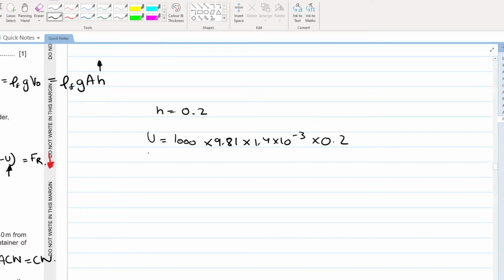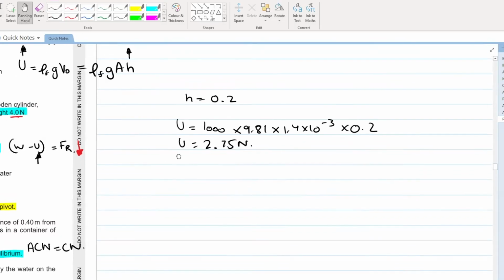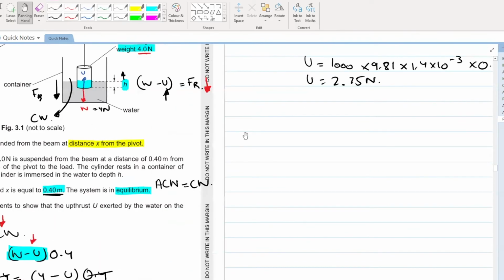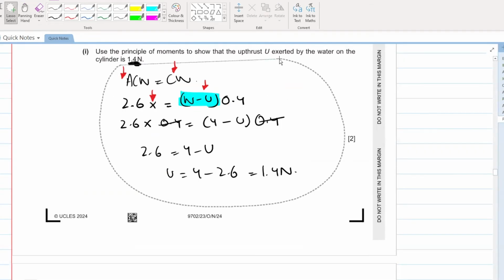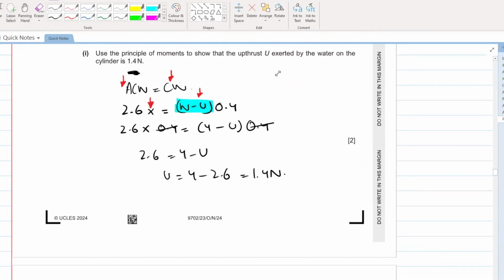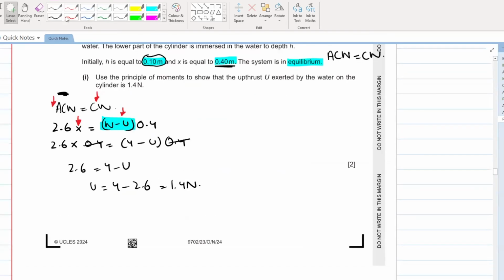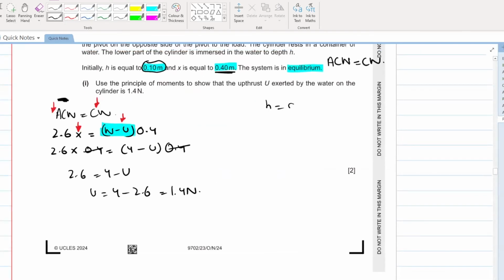This gives you a value of upthrust of 2.75 Newton. If the upthrust is 2.75 Newton, what will the resultant force become? What will the clockwise moments become?